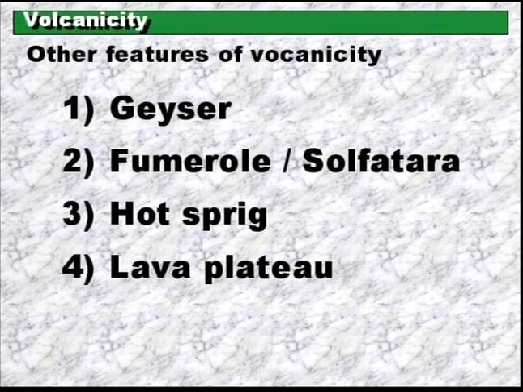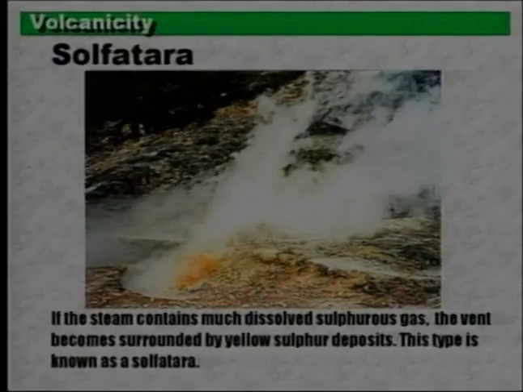The main difference is that in a solfatara, steam is also released from openings on the earth's surface, but you can identify a solfatara from a fumarole simply by looking at the surroundings of the vent. If you find that around it there is a lot of yellow sulfur deposits, then we give the term solfatara to that feature.